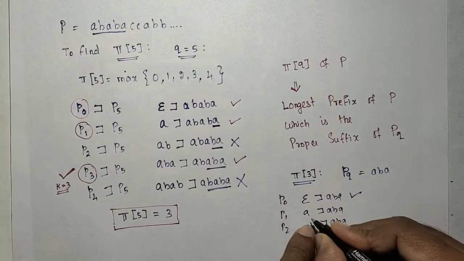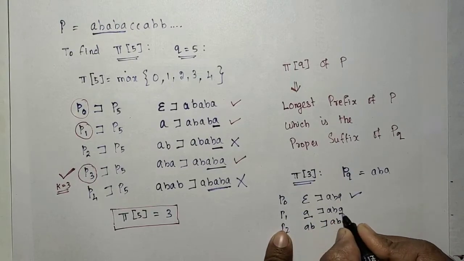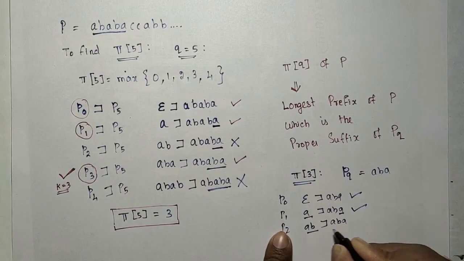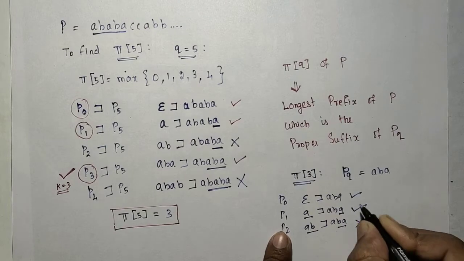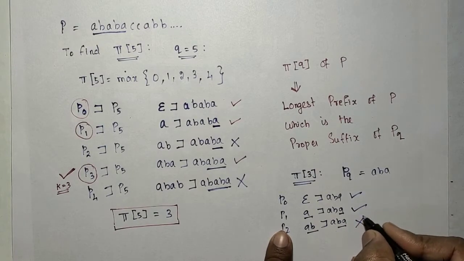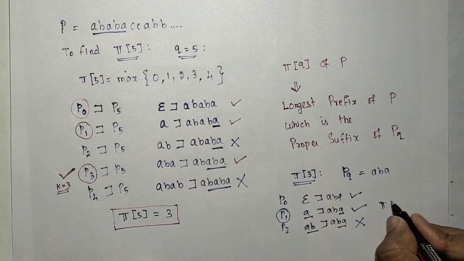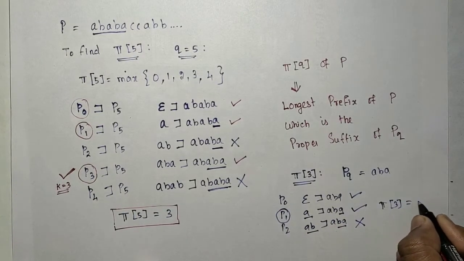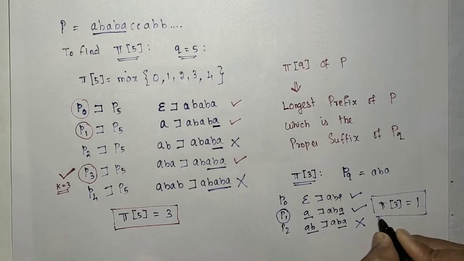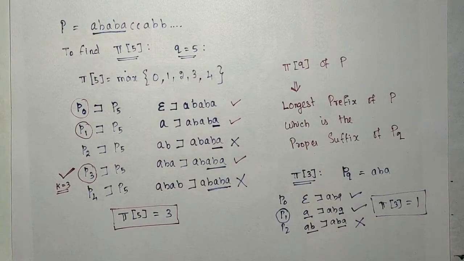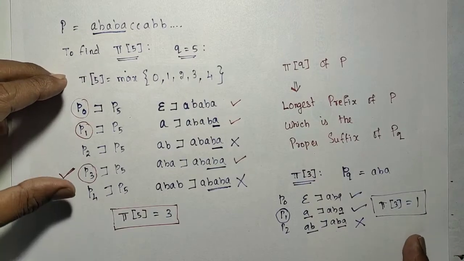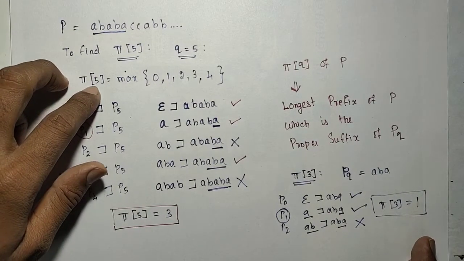But here the last one character is true, and the last two characters are false. So among these true cases, the maximum is P1. So pi of 3 is calculated as 1, that k value is 1. This is the procedure for finding pi.